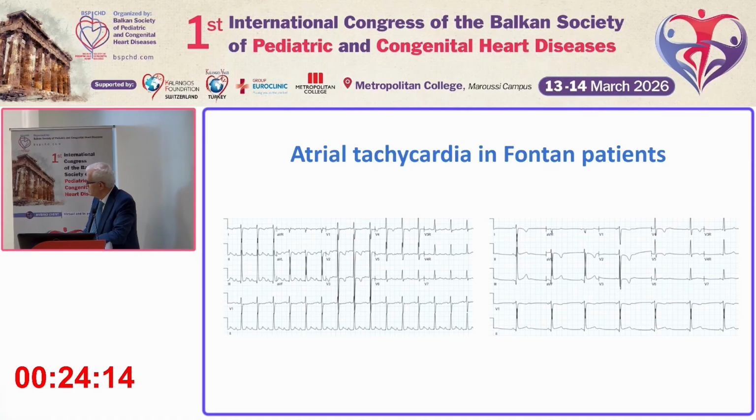And as you can see on the right side of the screen, after conversion of the arrhythmia to sinus, the sinus rhythm is much slower than the atrial tachycardia rhythm. One must be aware that these patients usually have sinus node dysfunction, so to have a rhythm of 100 beats per minute constantly is not normal in a Fontan patient.